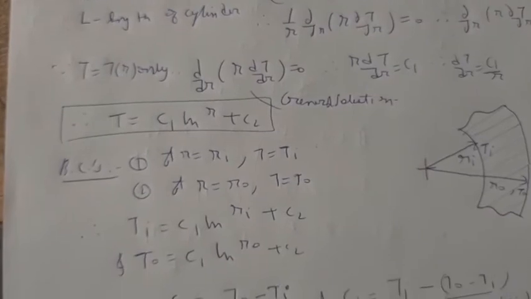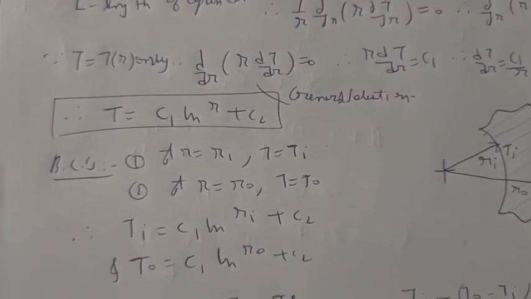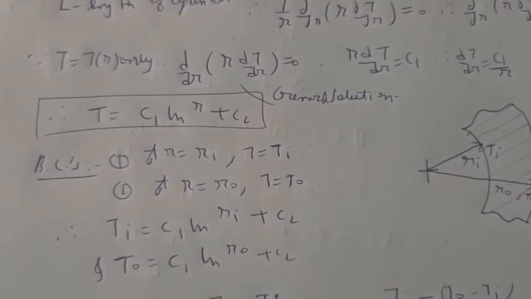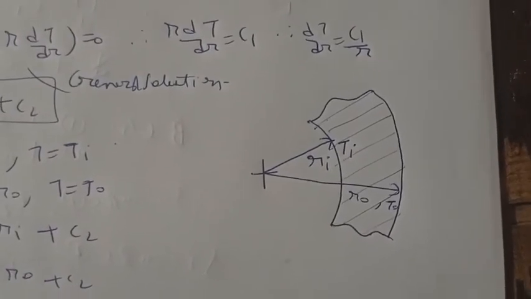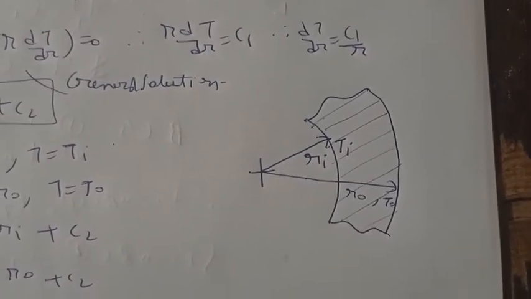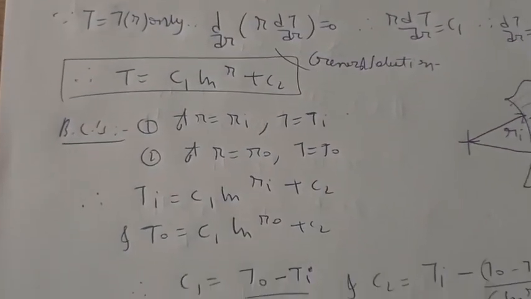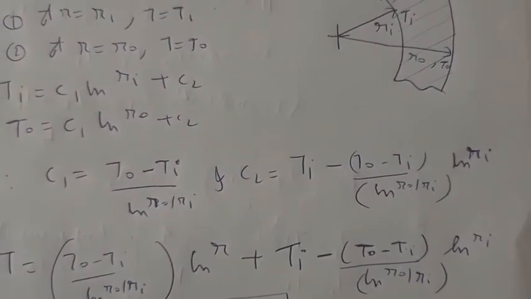Now we will consider the two boundary conditions: at r equals Ri, the inner radius, the temperature is Ti, and at r equals Ro, the outer radius, the temperature is To. In this diagram I have mentioned the boundary conditions. We will apply these two boundary conditions like this, and we will get the values of C1 and C2, which are these values.